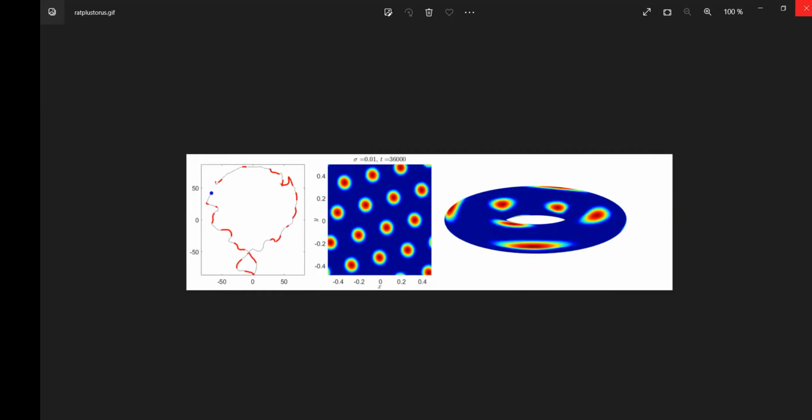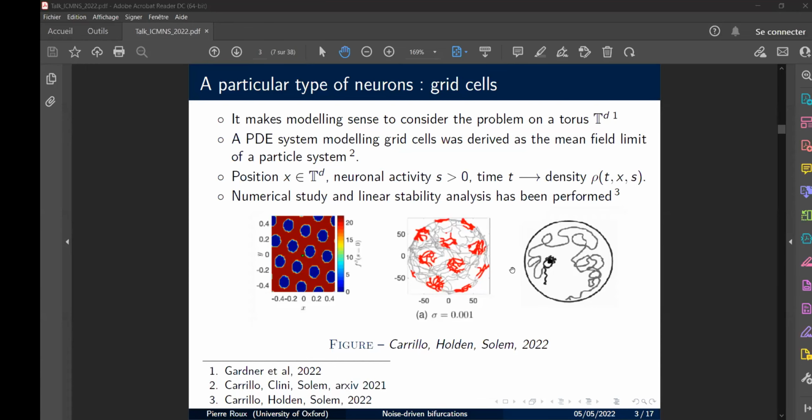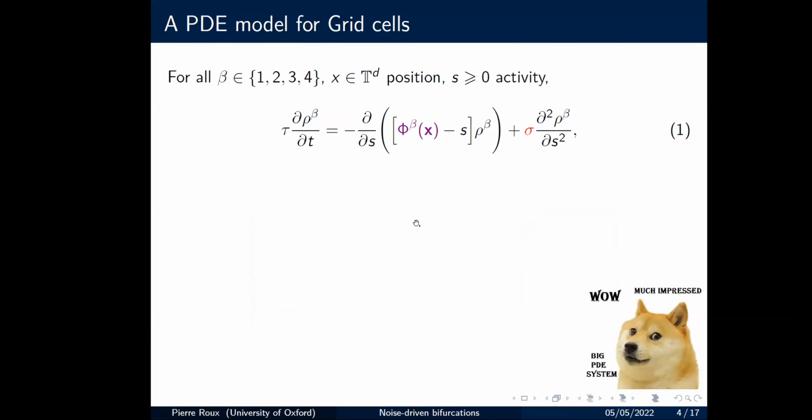So now let's see what this model looks like and how you can do some math on it. So the model contains four directions because you have different neurons with orientation preference, and to simplify, we consider only the cardinal points: north, south, east, west.